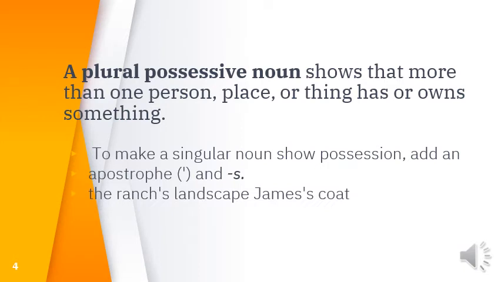Here the word ranch is singular and, of course, there is no S here. So what do I add? I stick to the big rule: apostrophe and S. So I added here apostrophe and S.